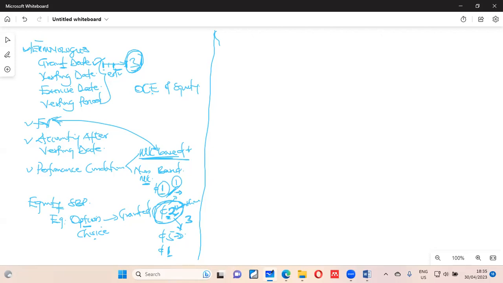Now, if you get to the vesting date and we have 9 million shares which we are expecting people to exercise their option on, and we get there and 7 million do it, then there is a difference between the estimate you made and the actual outcome. Therefore, you may transfer that difference to retained earnings if you want, or you will leave it in other components of equity. Okay, Esther, let me hear your question.